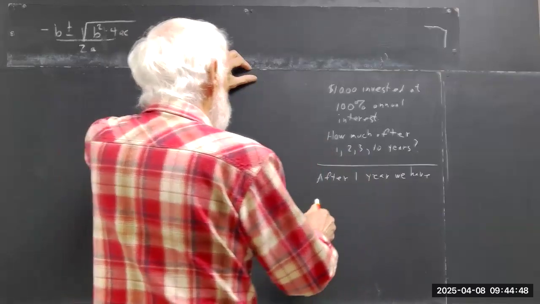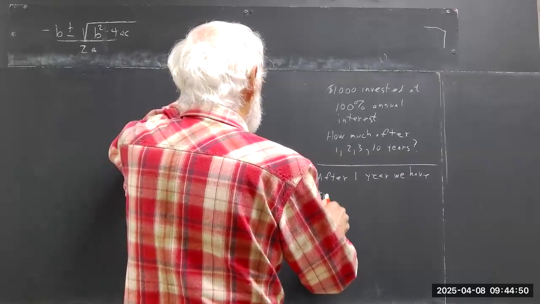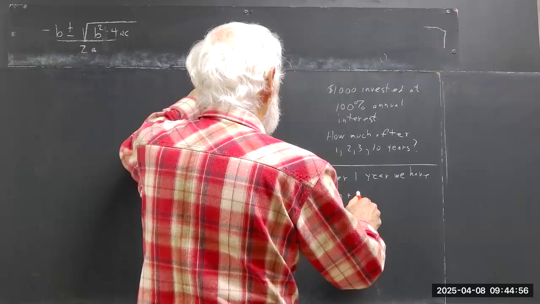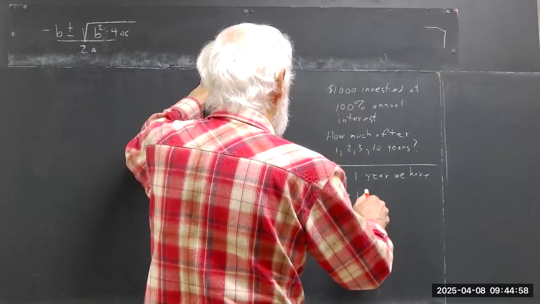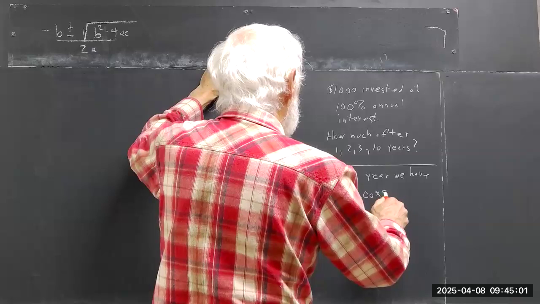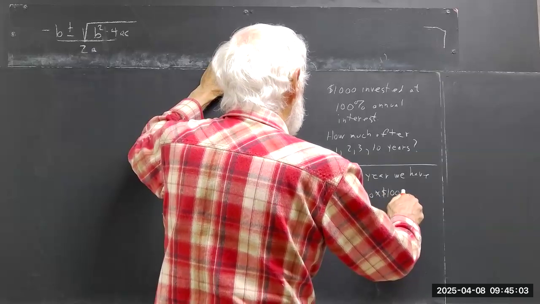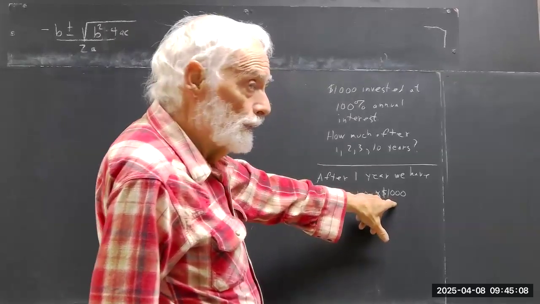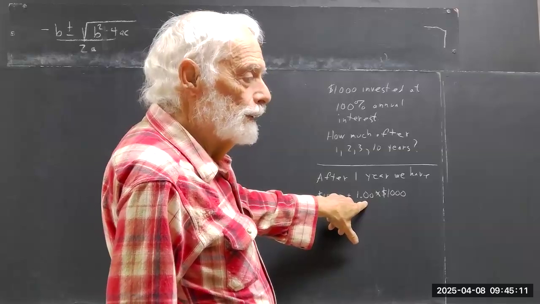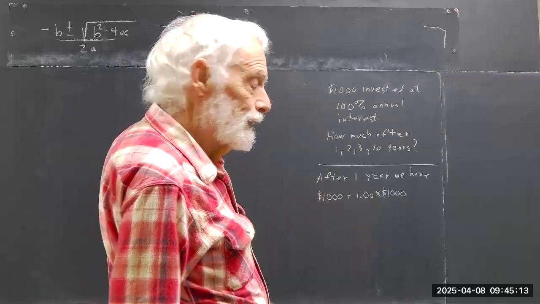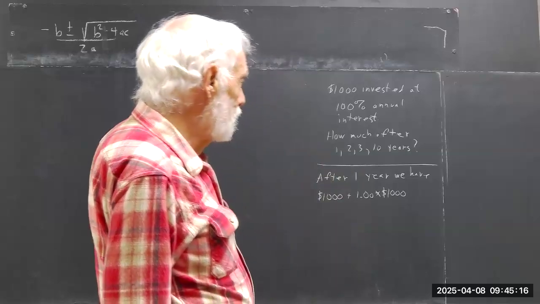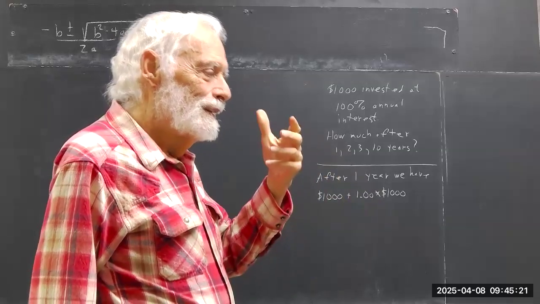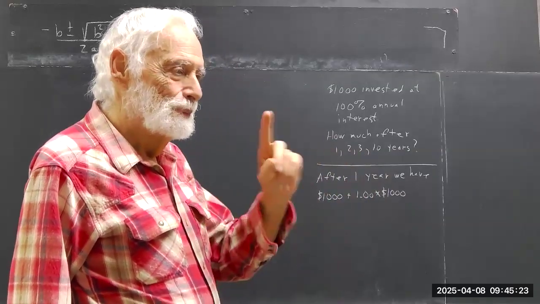After 1 year, we have, let's say, $1,000 plus 1.00 times $1,000. 1.00 is 100%. Okay, because what does percent mean? It means per hundred. 100% means 100 per 100, which is 1.